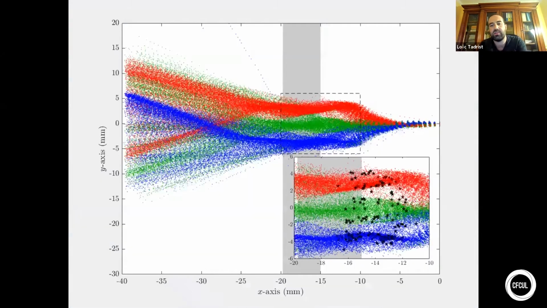And now here are the results. These are the trajectories observed. Each point corresponds to a droplet impact, and the gray area here corresponds to the groove where the standing Faraday wave is. What we observe is that the droplets are deviated far away from the groove.